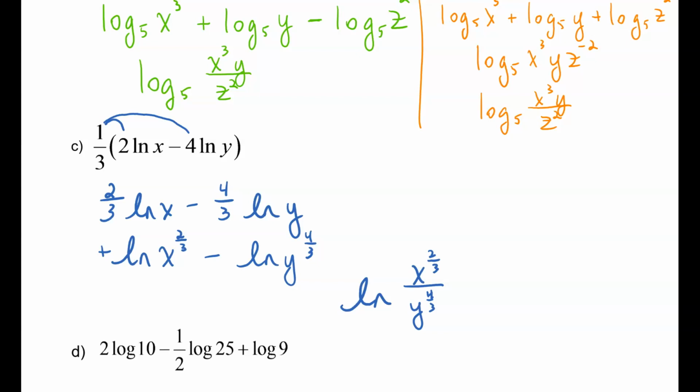That's it. And so back to your question, you were saying, why do we have to do that first? Not necessarily. We could have left the 1/3 out here, and then we would have had natural log of x squared minus natural log of y to the 4th, which we then would have had this 1/3 here, and this would have become natural log of x squared over y to the fourth.